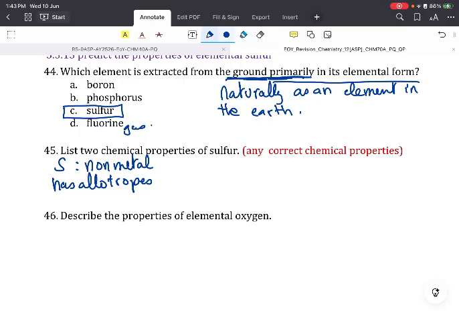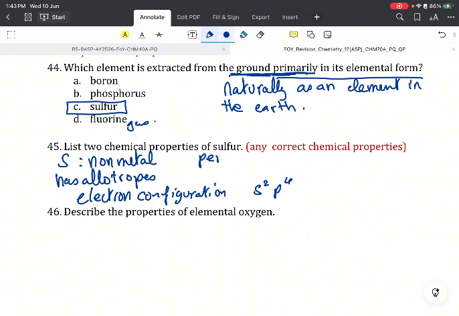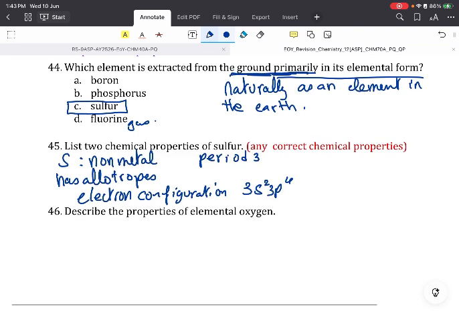Let's say it has an electron configuration ending just like oxygen, in s2p4. However, sulfur belongs to period 3, so we say 3s2, 3p4.